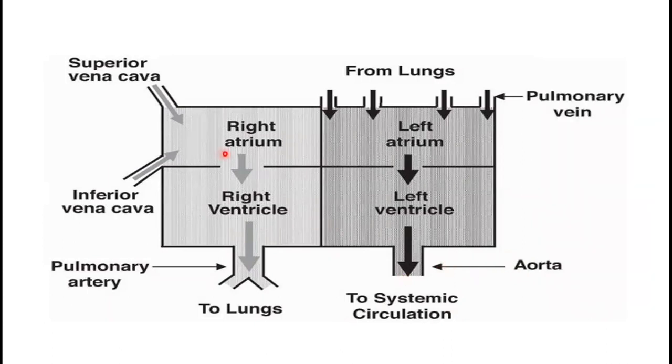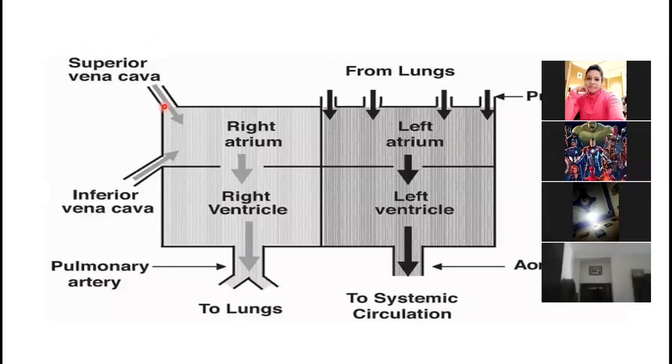The wall of atrium is not as thick as the ventricle. Ventricle wall is thicker than the wall of atrium. Since you can see, atriums are the receiving chambers. They are receiving the blood either from the lungs or from the body through superior or inferior vena cava. But ventricles, they are the distributing chambers.